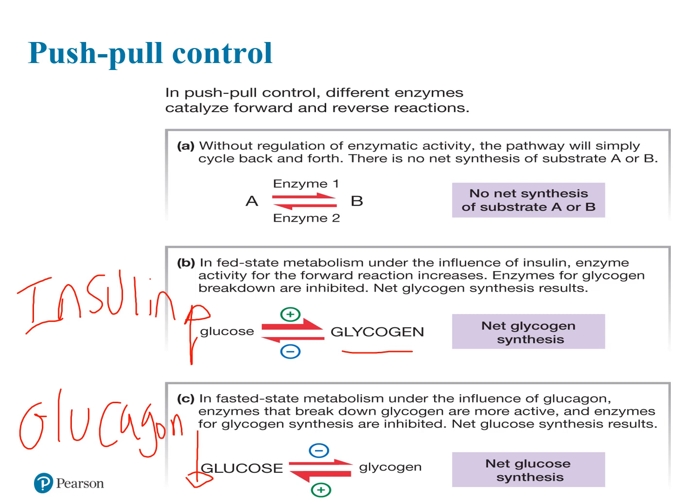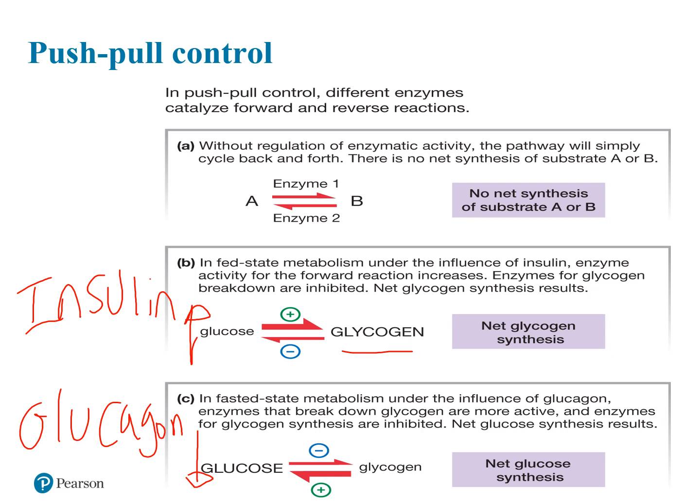And glucagon is also going to inhibit the enzymes that will try to convert the glucose back into glycogen. Because right now, your body wants to increase the glucose and not really store it.